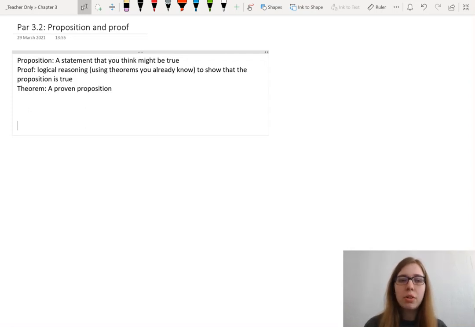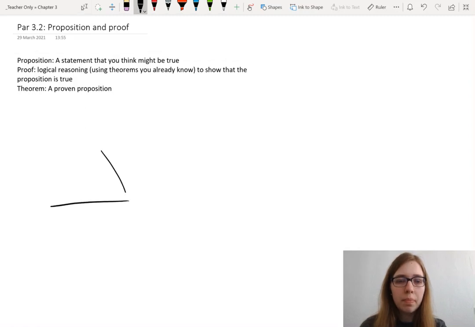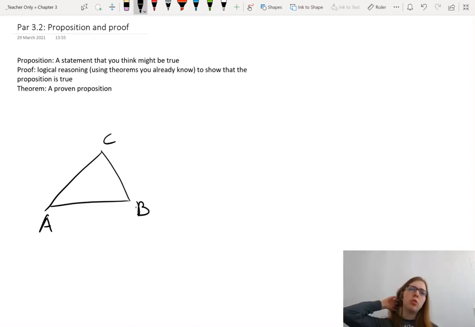So yeah, let's have a look at an example. We have learned already in year 1 that if we have a triangle, that the angles together make 180, but suppose we don't know that yet.